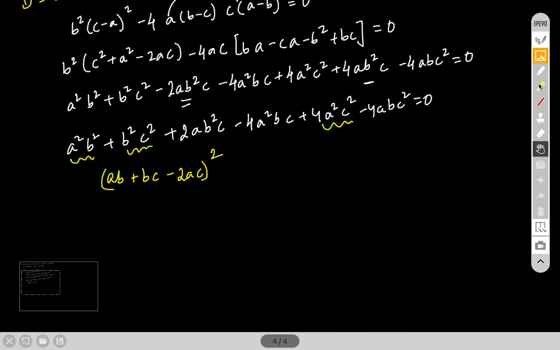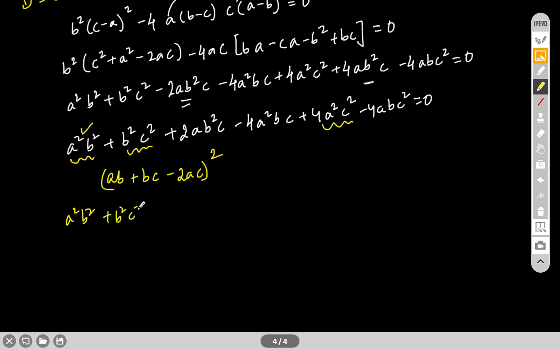If you expand it, you will get a square b square, which is here. You get b square c square, which is here. You get 4a square c square, which is here. Then you get 2a b square c, which is here. Then you get minus 4a b c square, which is here.